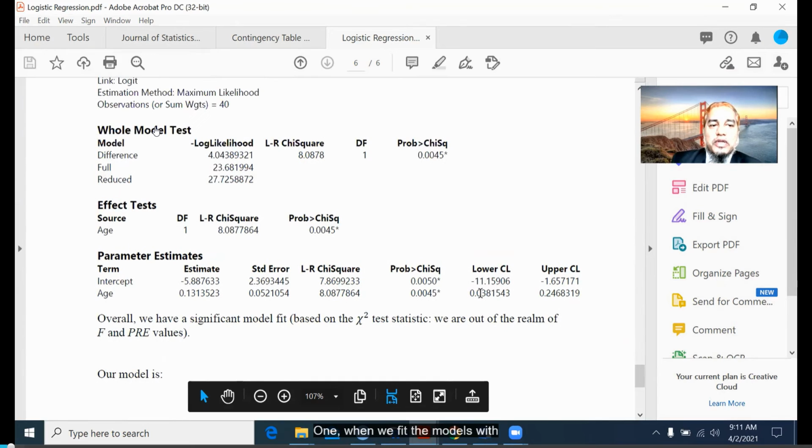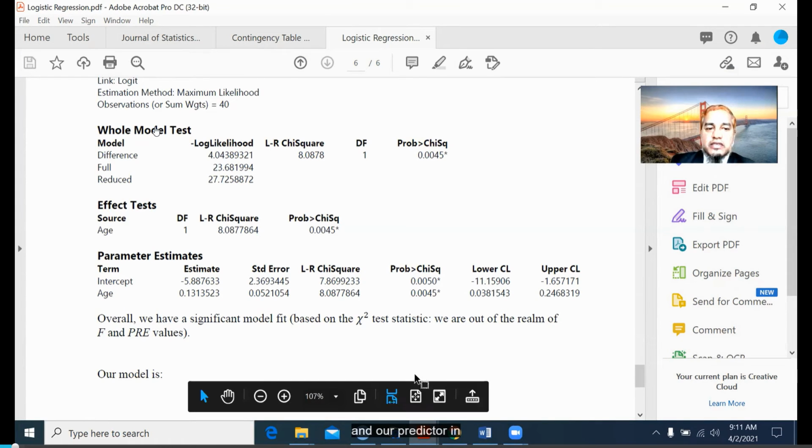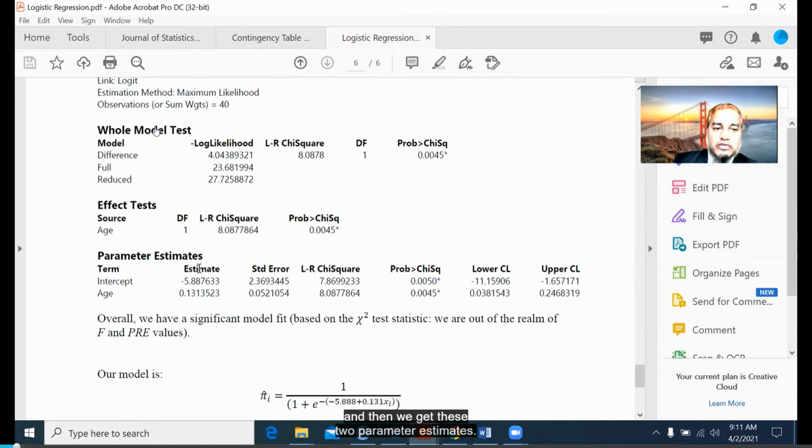One, when we feed the models with one categorical variable, which is our response variable with two categories, and our predictor, in this case age, which is continuous, we get these two parameter estimates. Keep in mind, these two parameter estimates can be interpreted in terms of the probabilities or in terms of the log odds.